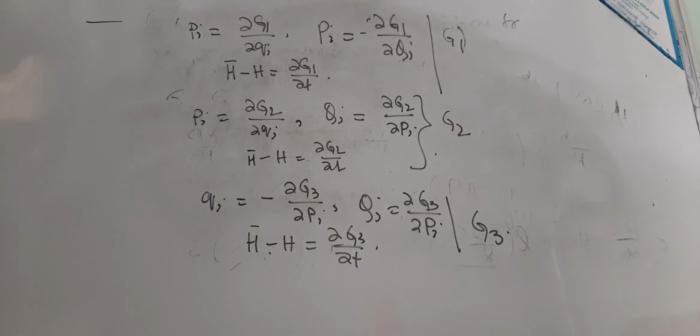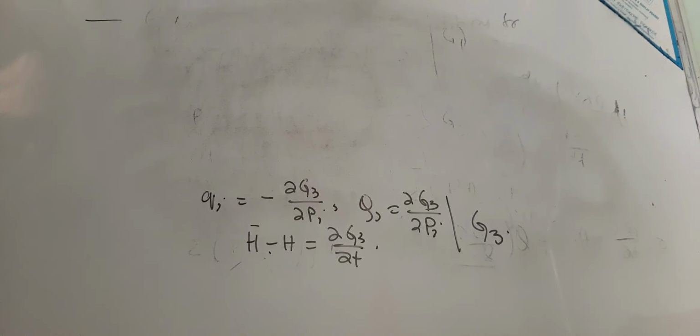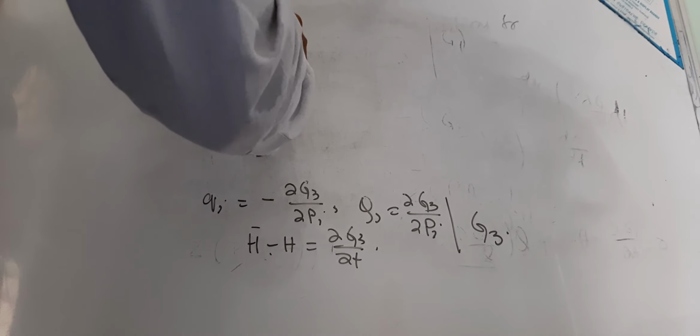For the generating function G4, you will get small qi equal to minus del G4 by del pi, and capital Pi equal to minus del G4 by del Qi, and H bar minus H equal to del G4 by del t.